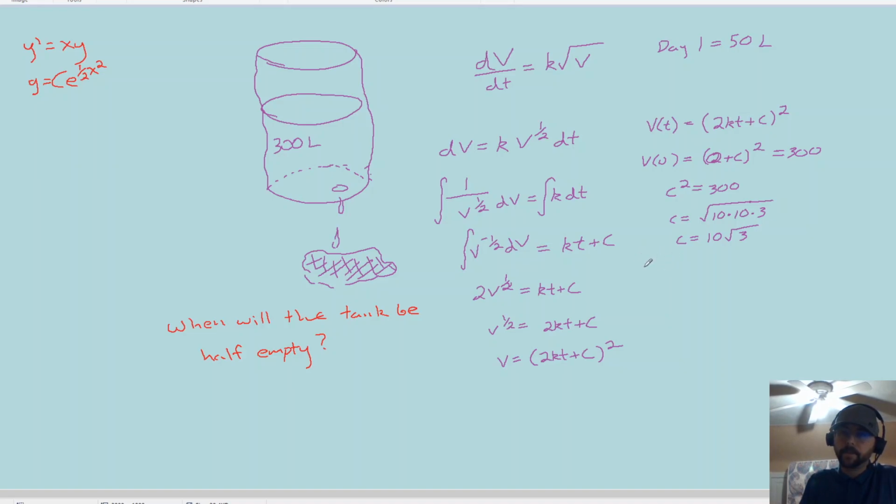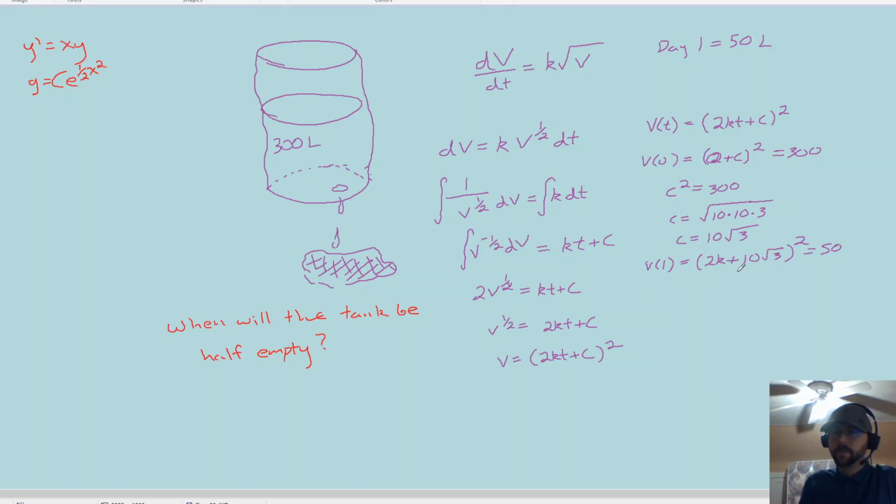So v of t, I'm just going to plug in this day 1 value at the same time because I'm going to end up running out of space. So v of 1 day equals 2 times k times 1, because t is 1 here, plus 10 square root of 3, squared, equals 50 liters. And then we can solve that.